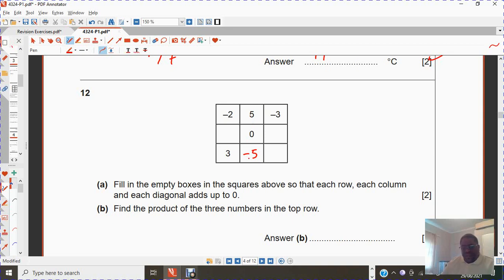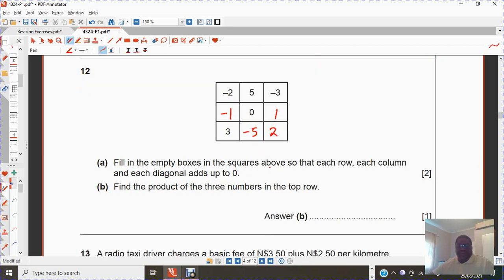So if this is negative 5, that's 3, then this should be 2, such that this is also equal to 0. Right, so if this is a 2, then this should be 1, because 1 plus 2, take away 3, should give you 0. And on this side, you have got negative 2, got 3, so this one here should be negative 1, in order for you to have this equal to 0 in all directions.